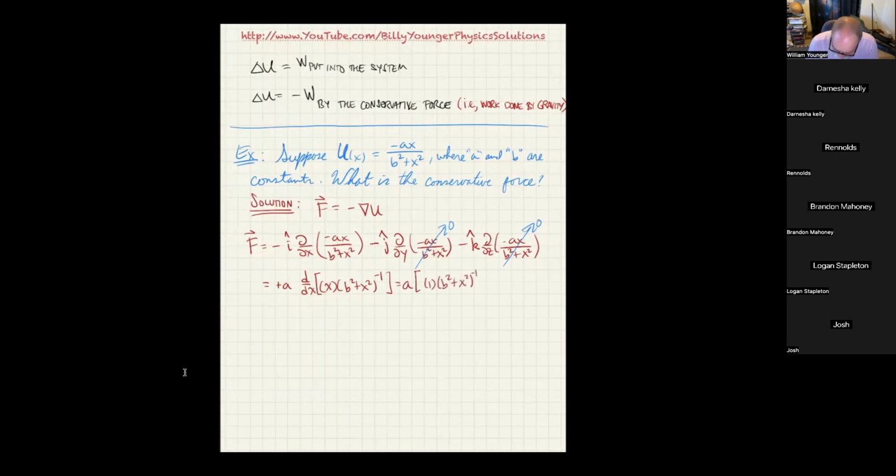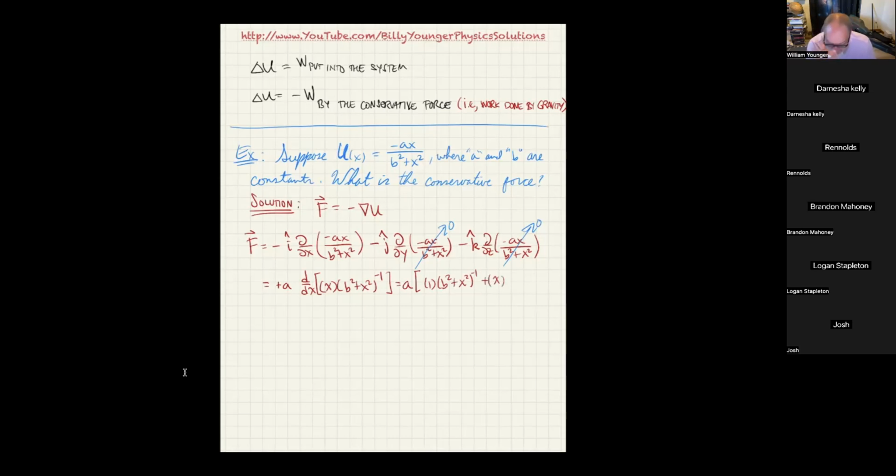And now I've got to take plus, because the product rule says you take the derivative of one of the functions and you multiply it by the other function, and then you take the derivative of the other function and you multiply it by the first function. So I've taken the derivative of the first function. Now this term I've got to take and just write down the first function, but now I've got to multiply it by the derivative of the second function.